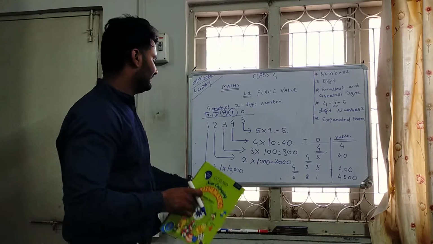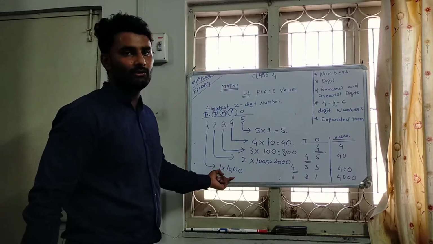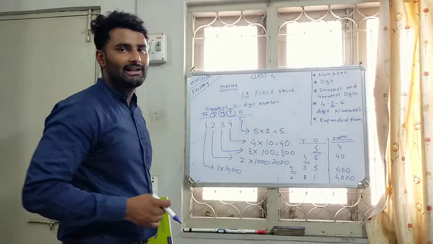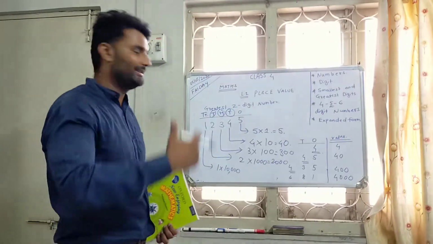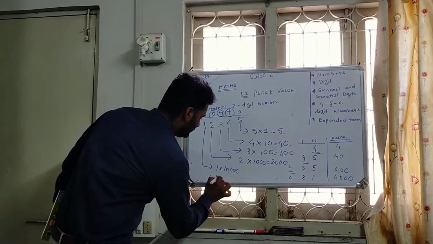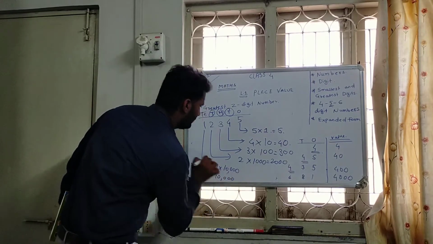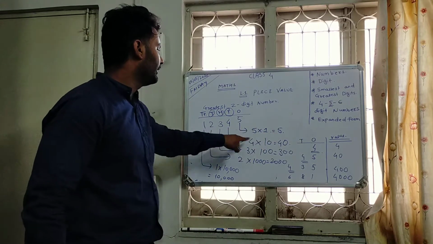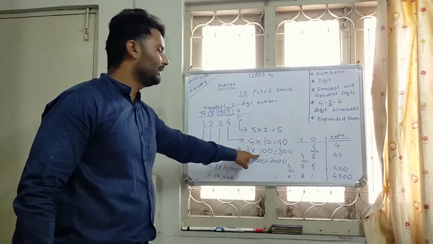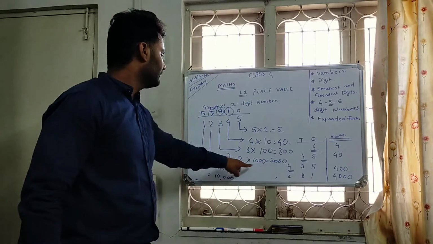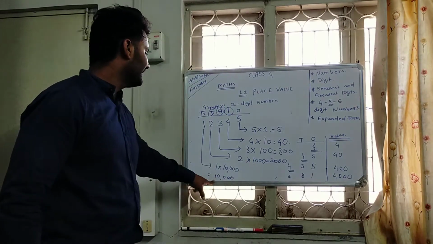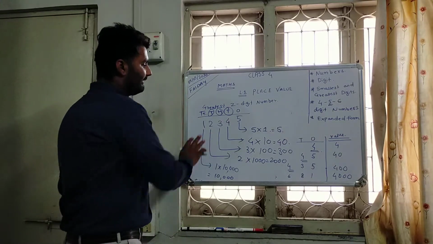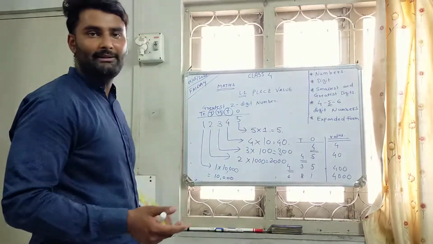These commas are used to separate the thousands, and it is a very important thing while we are writing numbers above 1000. Okay, so 5 into 1, 5; 4 into 10, 40; 3 into 100, 300; 2 into 1000, 2000; 1 into 10,000 means 10,000.